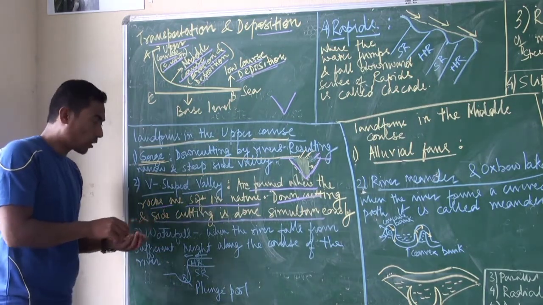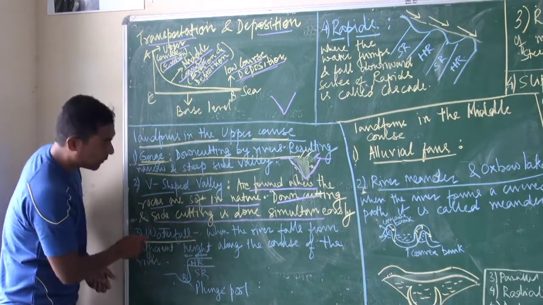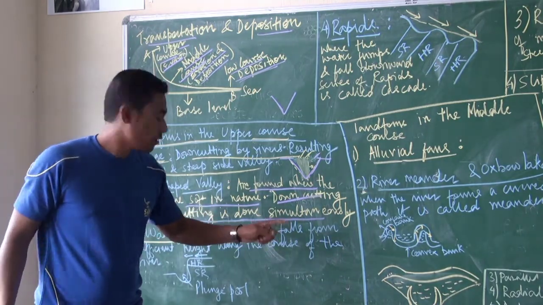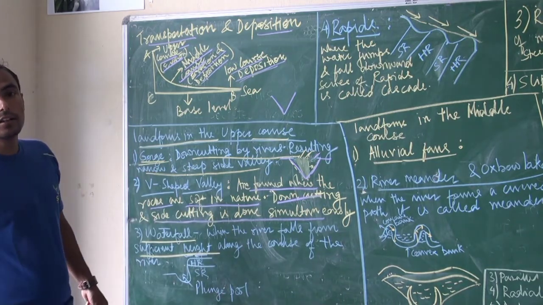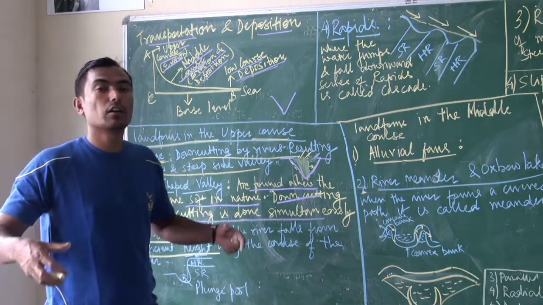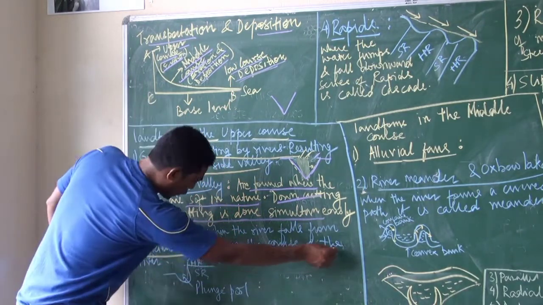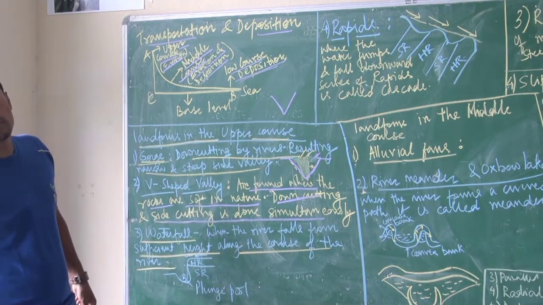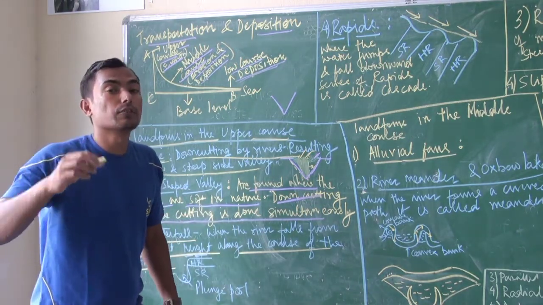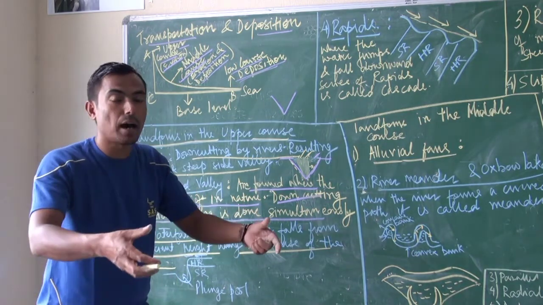Next, waterfall. A waterfall comes into existence when the river falls from a sufficient height along its course, that means along its path.